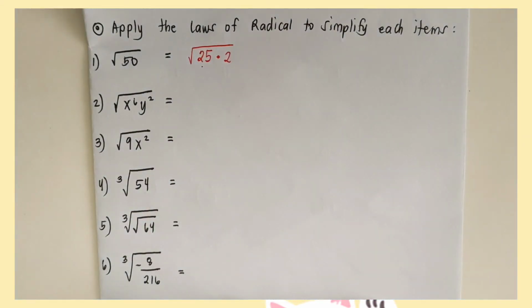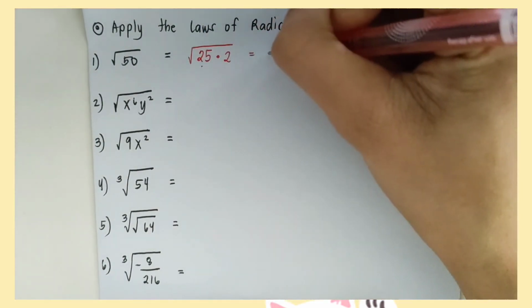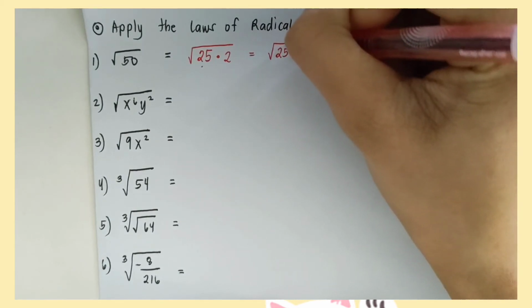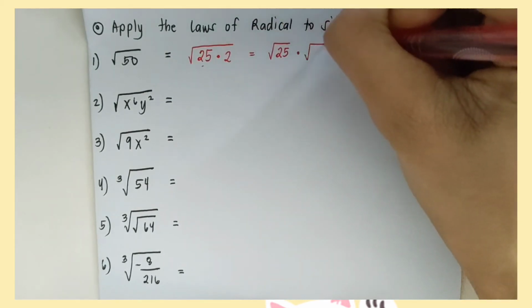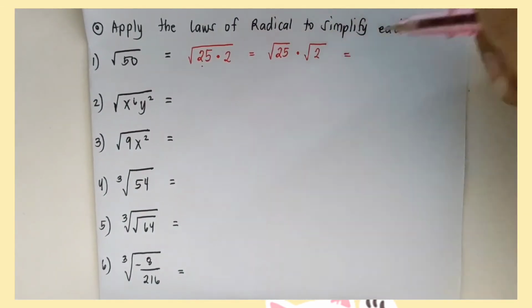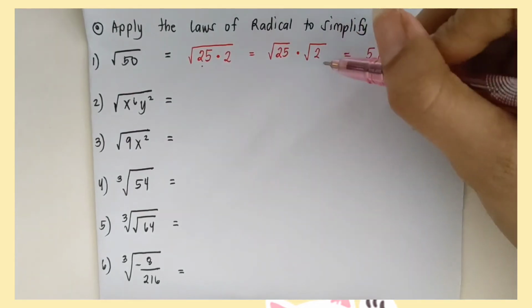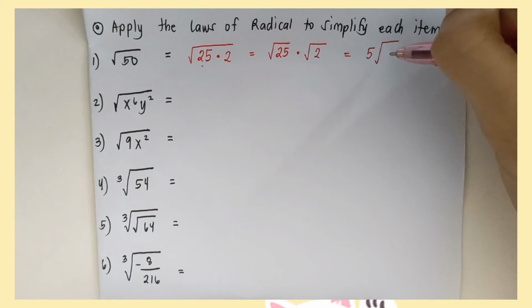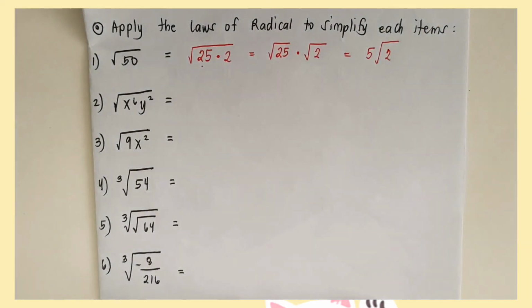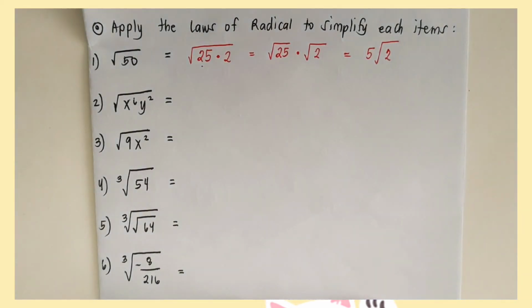Remember that the square root of 25 times 2 is also equivalent to the square root of 25 times the square root of 2. So let us simplify. The square root of 25 is 5, and just copy the square root of 2 because it is not a perfect square number. So the answer for number 1, the square root of 50, is 5 square root of 2.